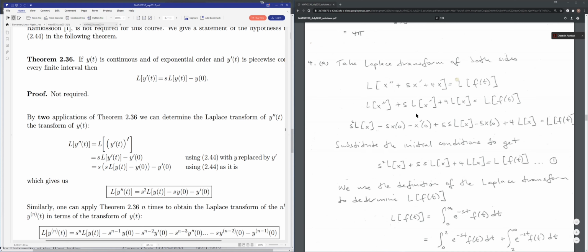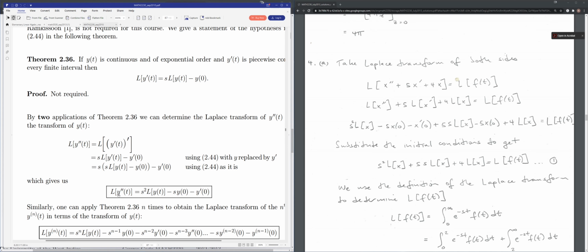In this case, I have the Laplace of x prime, but it's the same idea, so I'd have s Laplace of x minus x0, and I'm multiplying everything by 5. Similarly, I have the Laplace of x double prime over here, so I use the formula for the second derivative. What I get is s squared Laplace of x minus s x0 minus x prime 0.